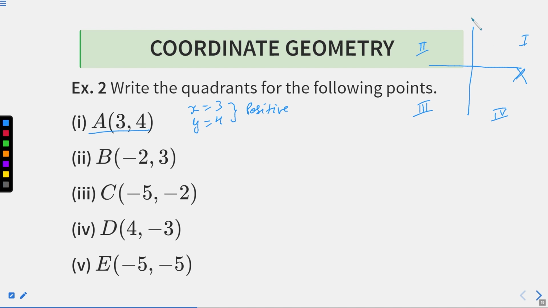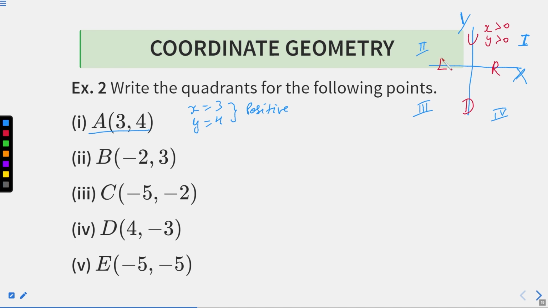Here is the x-axis, here is the y-axis. We know this one is the right side, this one is the upside, this one is the left side, and this one is downward. Right and up mean positive, so in the first quadrant x and y both are positive.